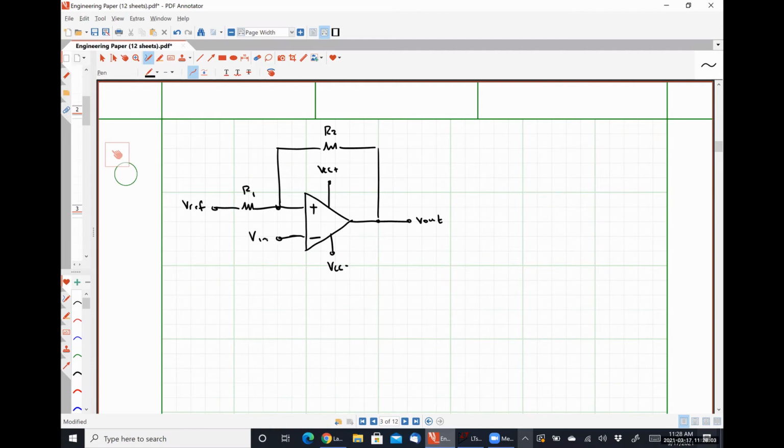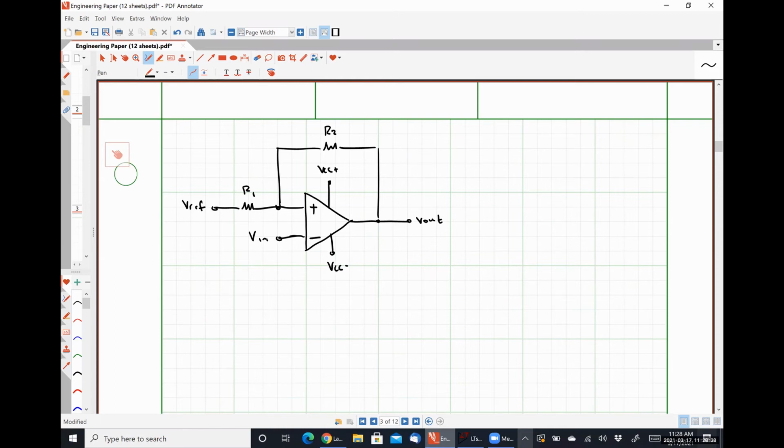We could go through the motions of redrawing this circuit using the practical op-amp model and all that kind of jibber jabber. But what is the fundamental difference between this circuit and the non-inverting Schmitt trigger? Yeah, so Vn is where Vref was, and Vref is where Vn was. So I would argue that we can just take our original equation and transpose Vn and Vref and get exactly how this thing behaves, right?